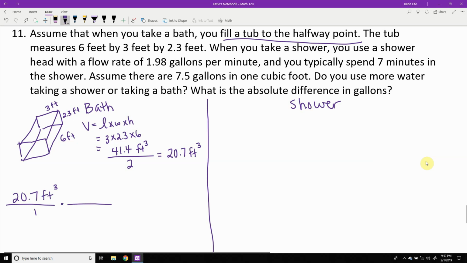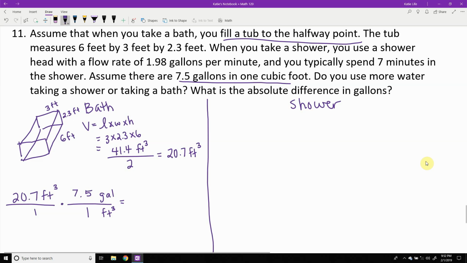I want to get rid of cubic feet by putting it in the denominator down here, and turn it into gallons. The problem tells us to assume there are 7.5 gallons in 1 cubic foot. So we're going to take 20.7 and multiply that by 7.5.